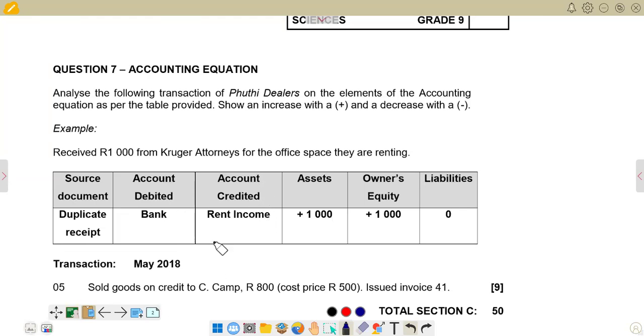After that, you identify which element of the accounting equation is being affected. Remember, in the accounting equation, we put assets equal to owner's equity plus liabilities. So this is the accounting equation, and we have two sides.